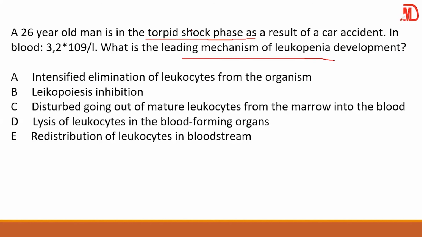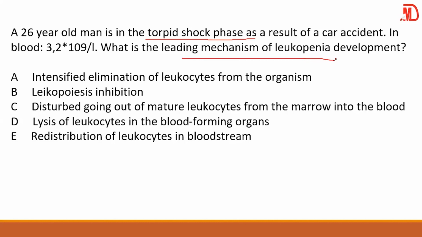So what is the cause of the leukopenia in this development? Basically, there is a redistribution of leukocytes. We have already discussed this. So we have a redistribution of the leukocytes leading to leukopenia.